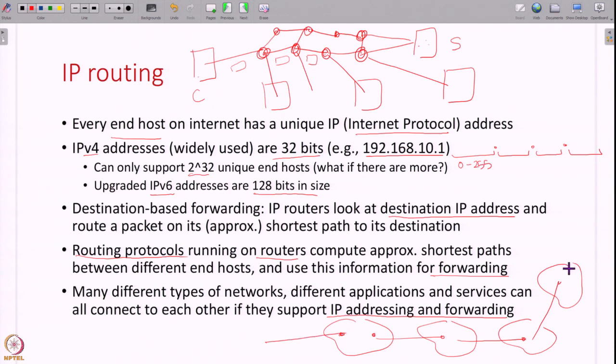Your server could be running in some data center managed by somebody else. Your client could be your browser on your phone inside a mobile data network. It does not matter, as long as everybody understands IP addresses and can forward IP datagrams, we can all talk to each other. In some sense, IP unites all of the different networks that comprise the internet today.